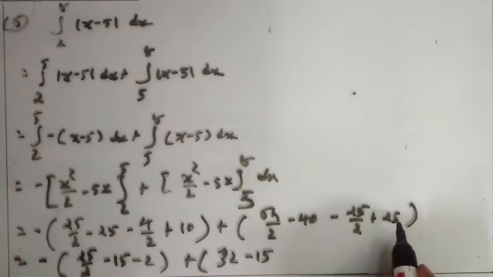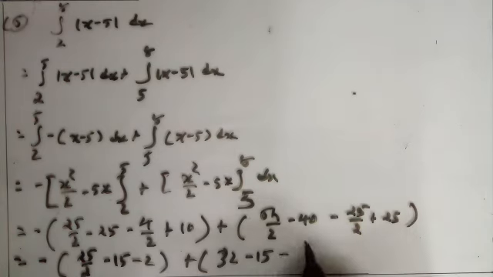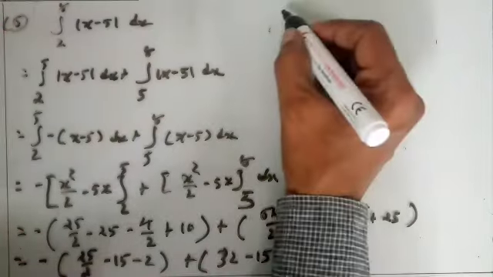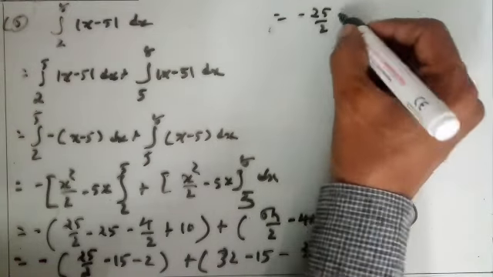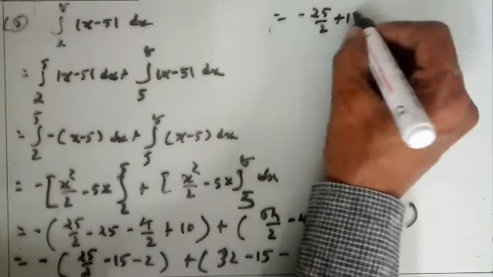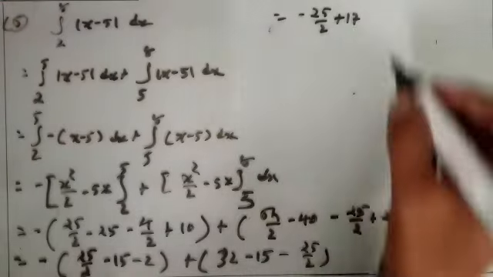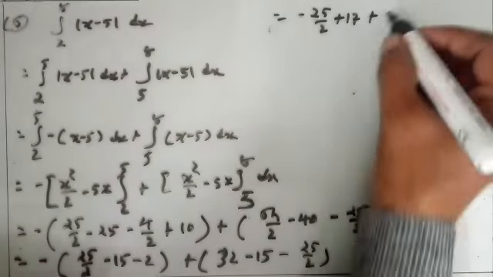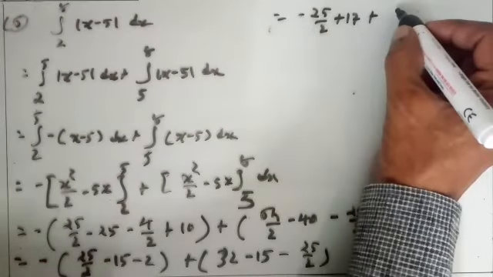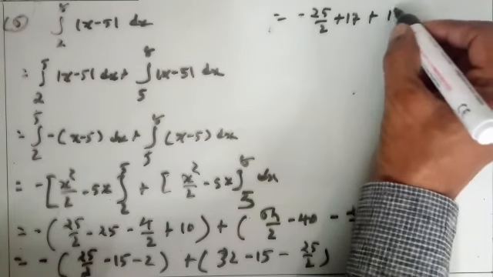5 plus 5 is 10, and plus 2, minus 25 upon 2. Now minus 15 minus 2 becomes minus 17, and take the minus inside. So minus 25 upon 2 minus, plus 17, plus here 32 minus 15 becomes 17.